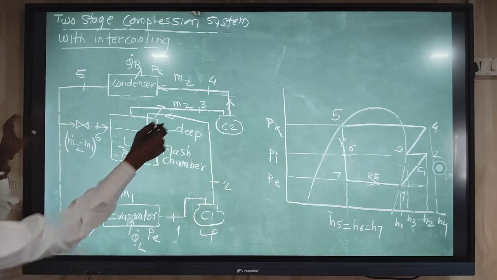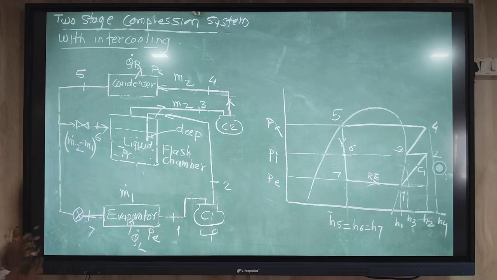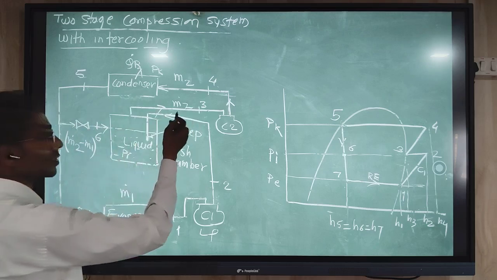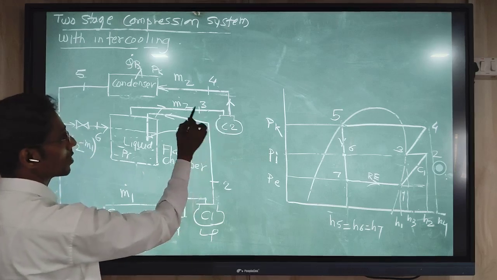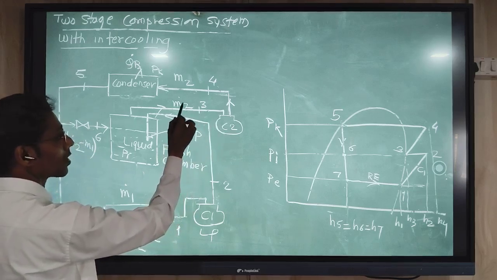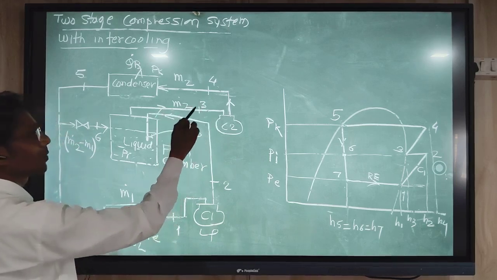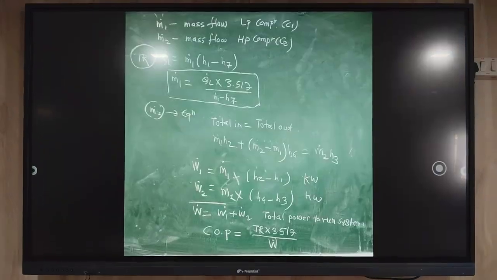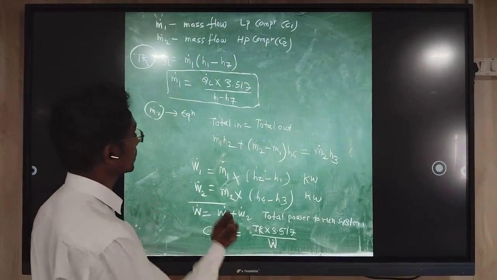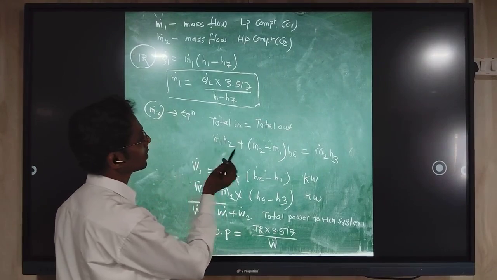The summation of these two heat contents equals the content of the line coming out, the compressor 2 line, with mass flow rate M2 dot multiplied by the corresponding enthalpy H3. This is what we see in the equation, as discussed with the help of the diagram.